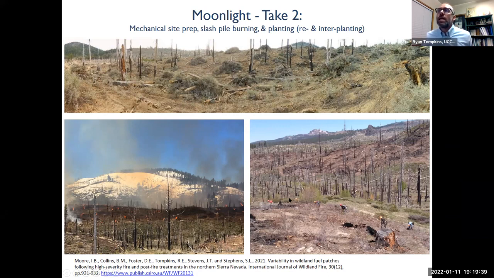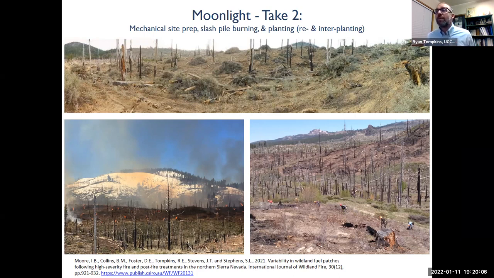And you can see we retained some ecologically appropriate levels of snags, but we also wanted to create some areas where we could establish forested conditions. During this, we did a study that I've linked to the bottom here that we just published in the International Journal of Wildland Fire, where we actually measured the fuel load before treatment and after treatment.